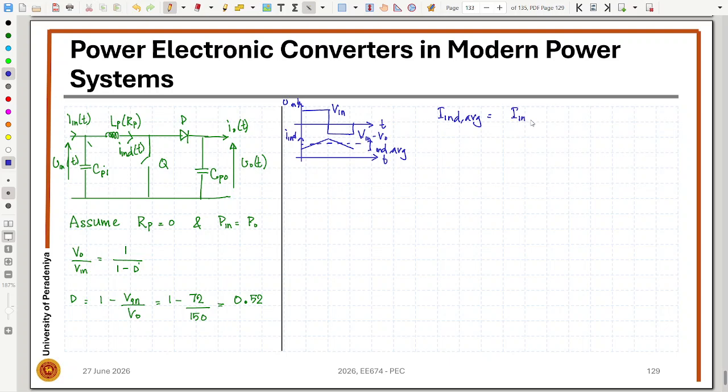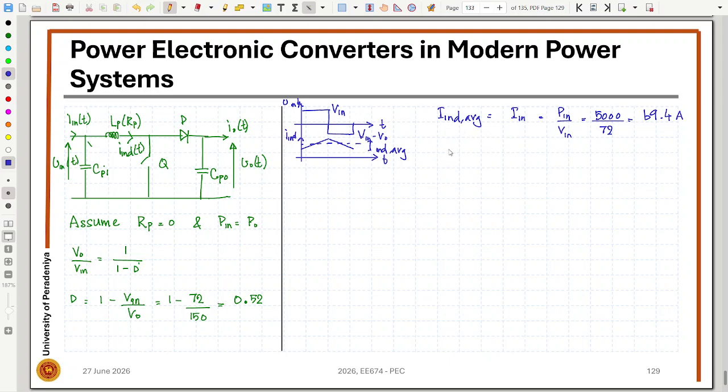So first we can calculate the input current. This is going to be equal to P in over V in. So P in is 5000, input voltage is 72. So this results in a current of 69.4 amperes.